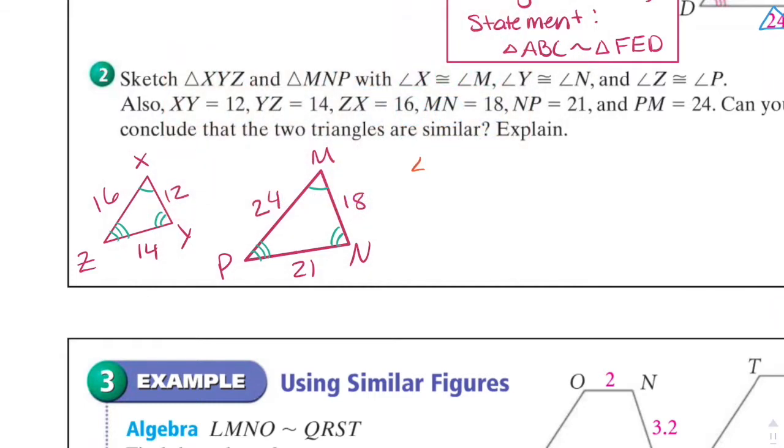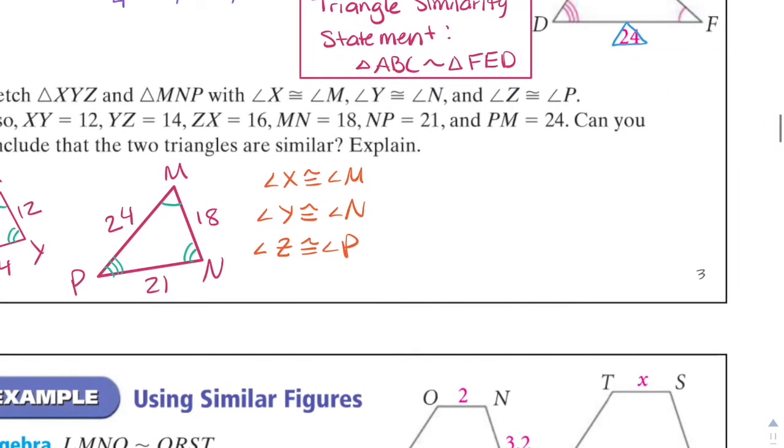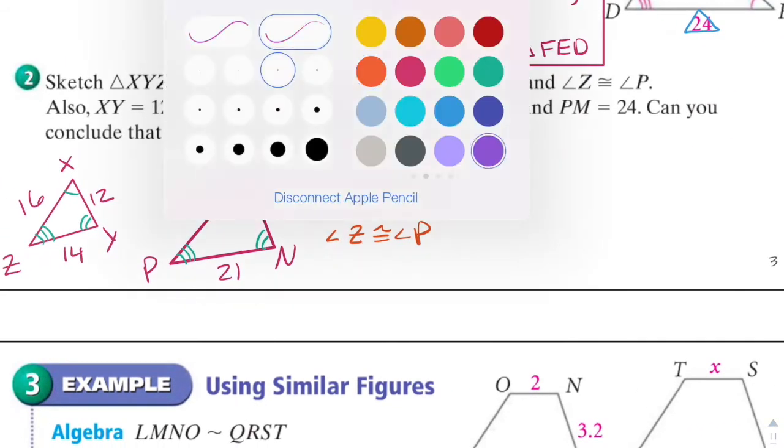So the first thing I'm just going to quickly state that angle X is congruent to angle M. Angle Y is congruent to angle N. And angle Z is congruent to angle P. That's important. That's the first information. Now I'm going to do my similarity statement.